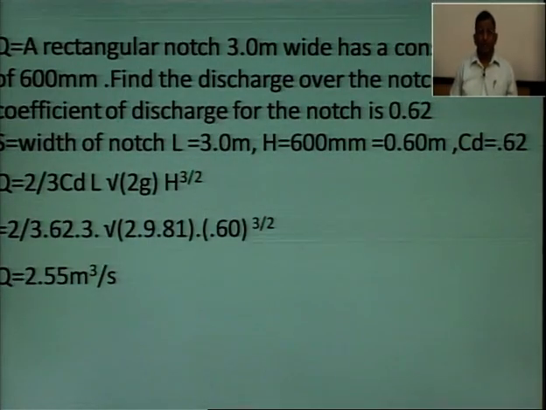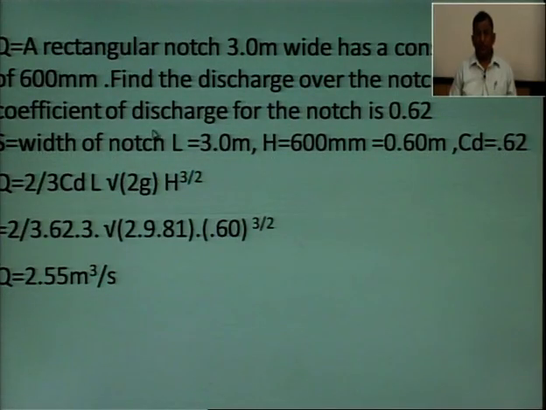There is a small example. A rectangular notch 3 meters wide, constant height 600 mm. Find the discharge over the notch if the coefficient of discharge is 0.62. We take the formula: discharge is equal to 2/3 CD root 2g L H raised to power 3/2.